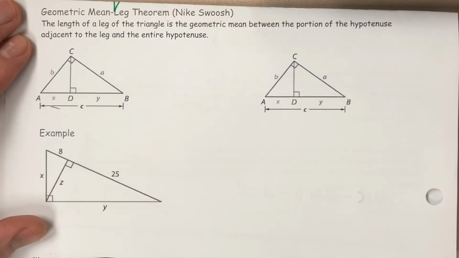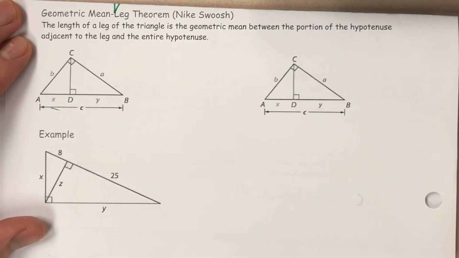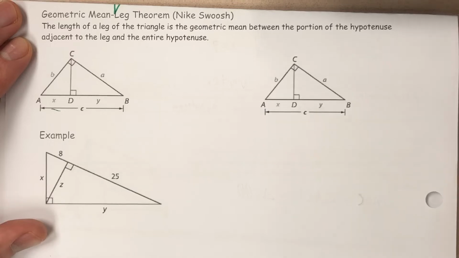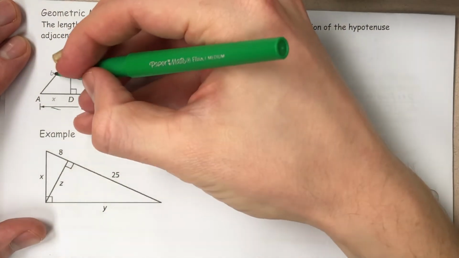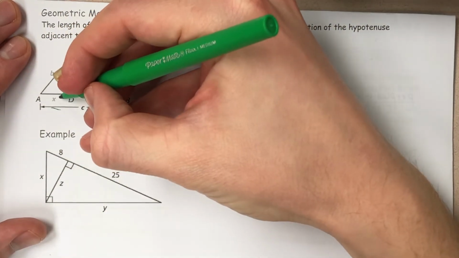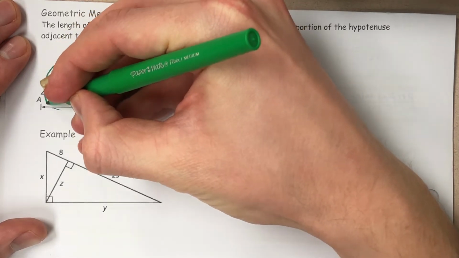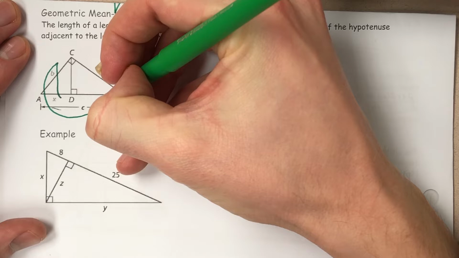Okay, so this geometric mean leg theorem, which we usually call the Nike swoosh method to find pieces and to set up the proportion, says that the length of a leg of the triangle is a geometric mean between the portion of the hypotenuse adjacent to the leg and the entire hypotenuse. So, for instance, in this case, if we want to find b, we could say that x over b equals b over this entire hypotenuse.